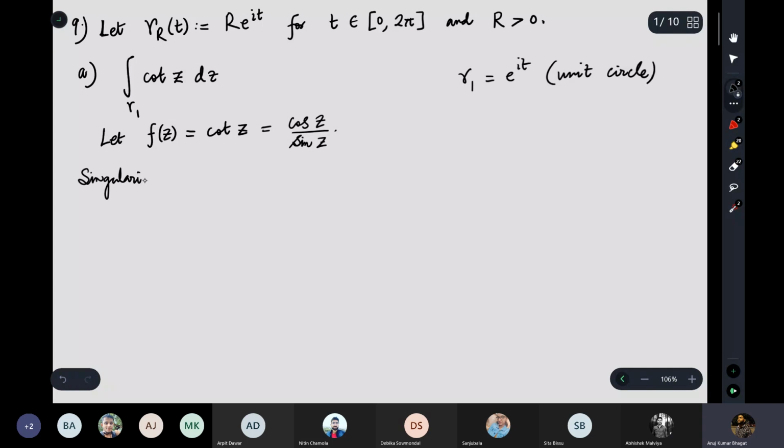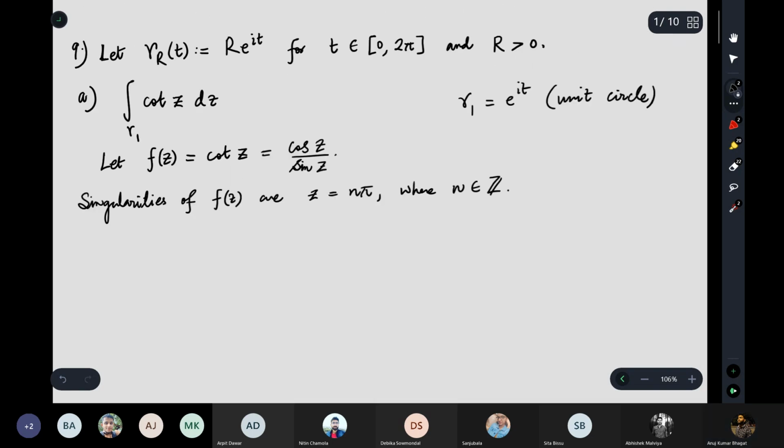Right. So the singularities of f(z) are z equals n pi, where n is any integer.